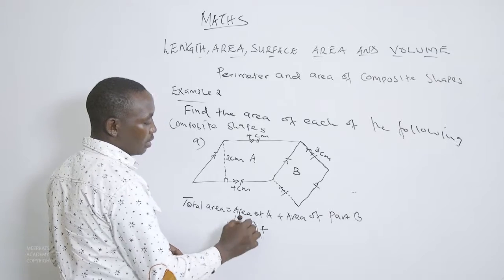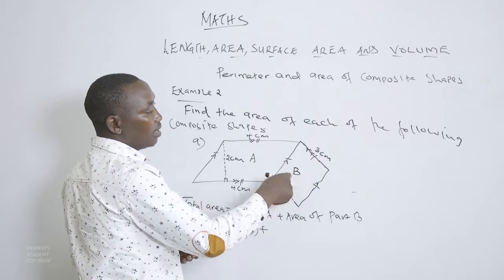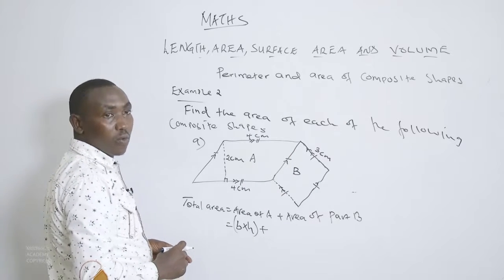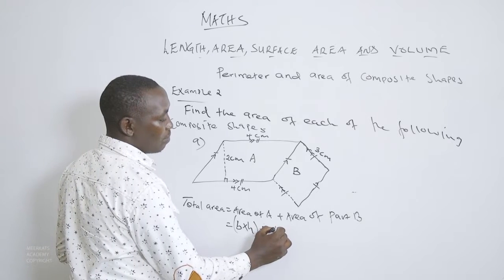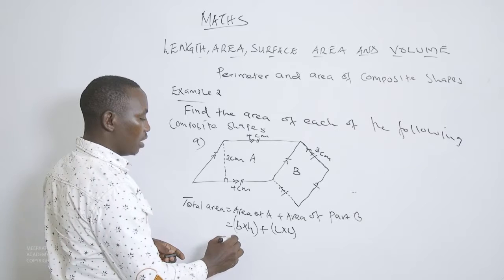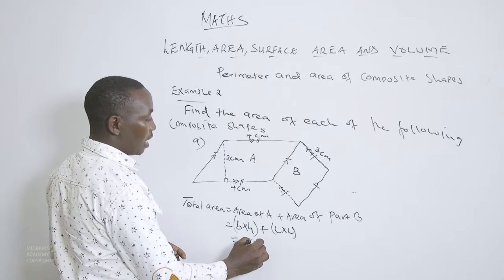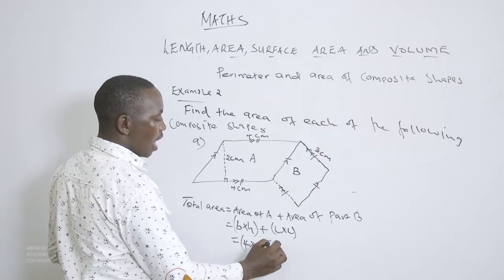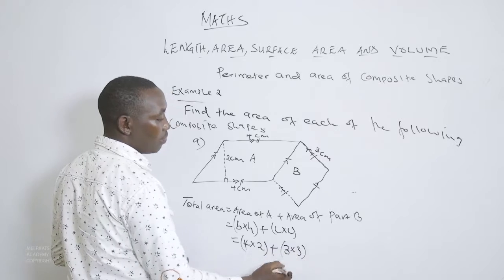We add that one to the area of this particular square, which is measuring 3 units by 3 units, which will be given by length times the length, or width multiplied by the width. So in this case, we shall have 4 multiplied by the height, which is 2, added to 3 multiplied by 3.